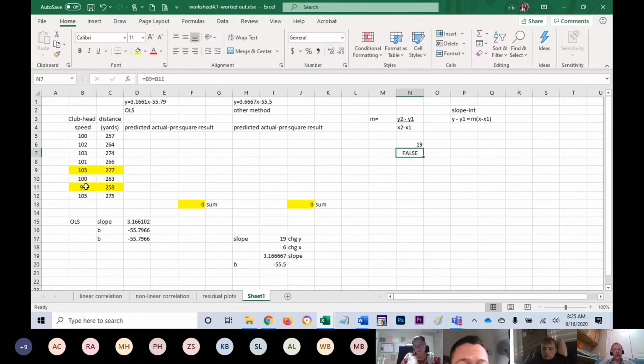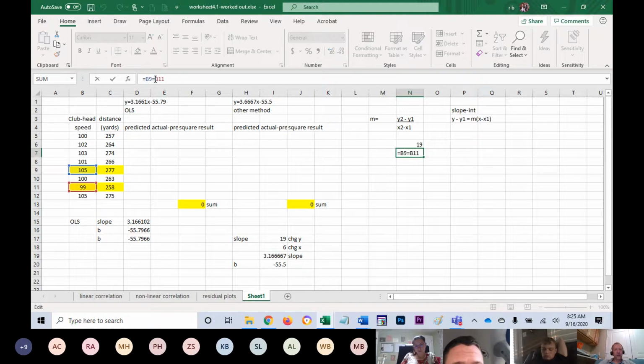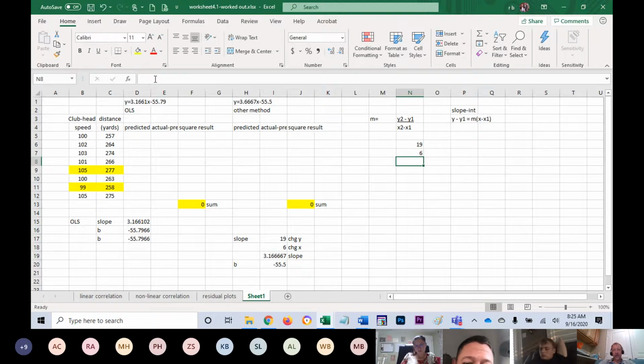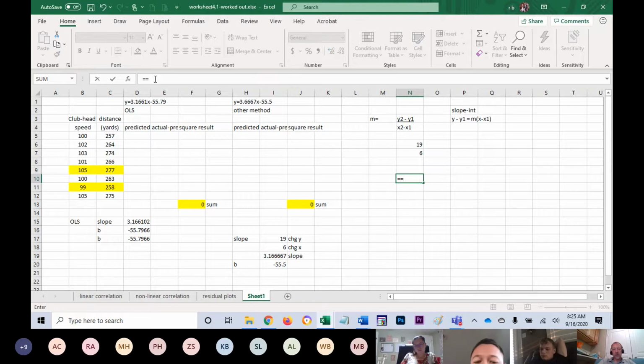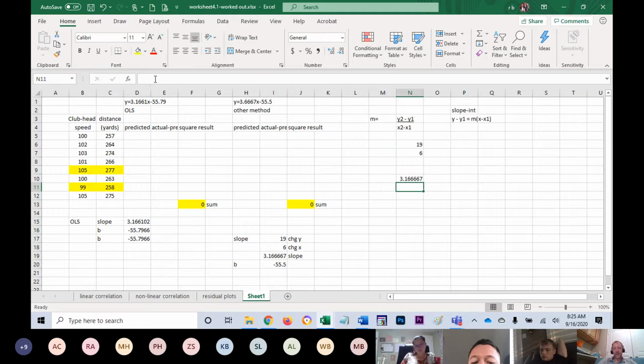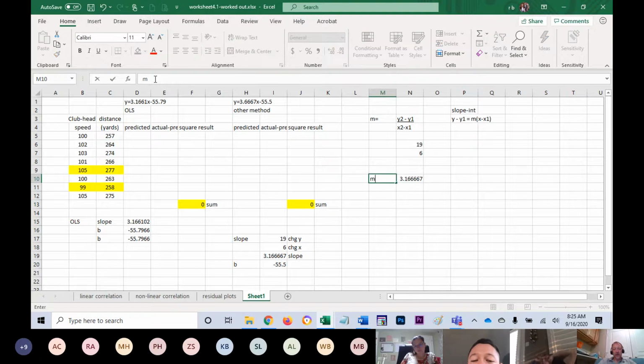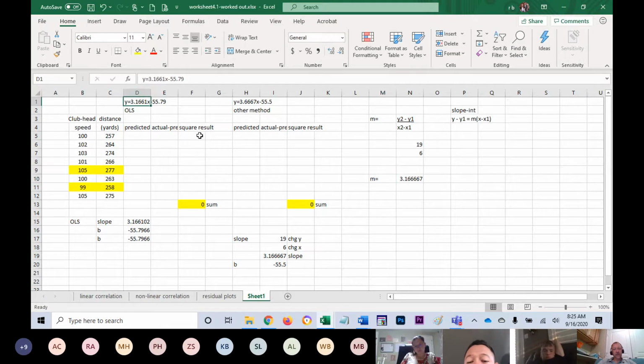Okay. Oops, I'm supposed to say minus, not equals. So this is going to give me a slope equal to the numerator divided by the denominator, which is 3.1667. So you can see that's really similar to the slope we got the first time, right?